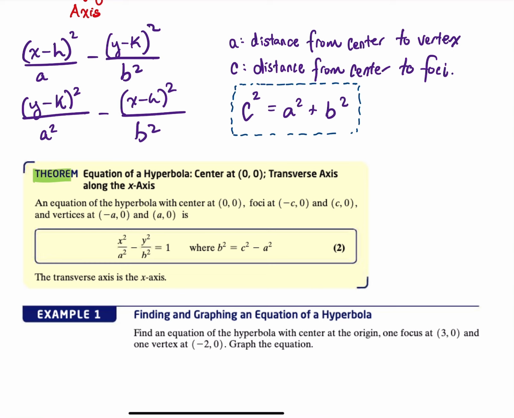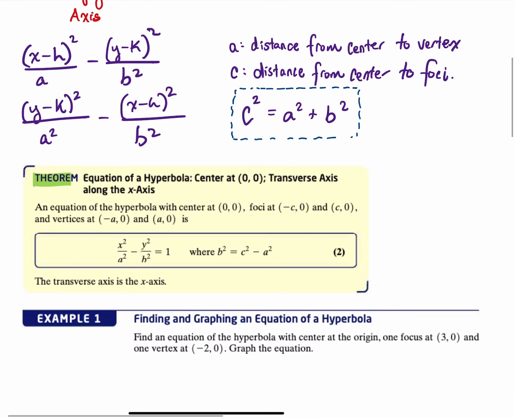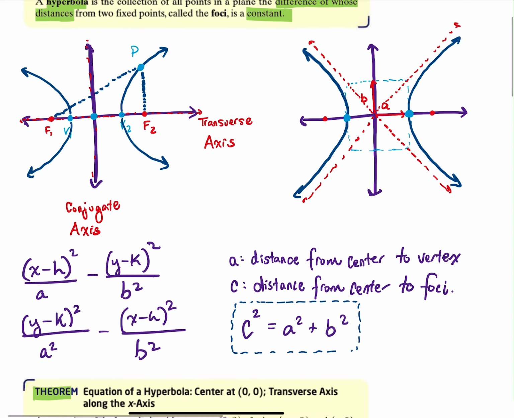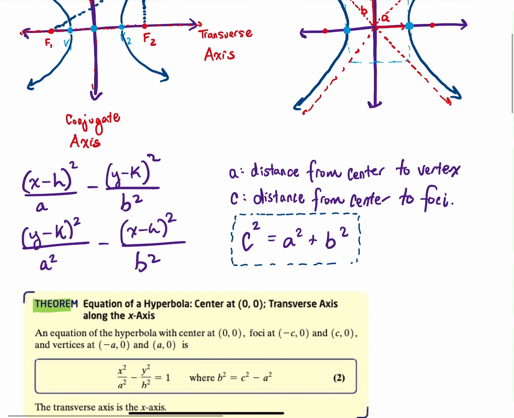So these will be equations centered at the origin with the transverse axis along the x-axis. That means the hyperbola is opening up horizontally to the left and to the right, which means that we should see the x term first. So again, if x is first, we get this kind of shape.